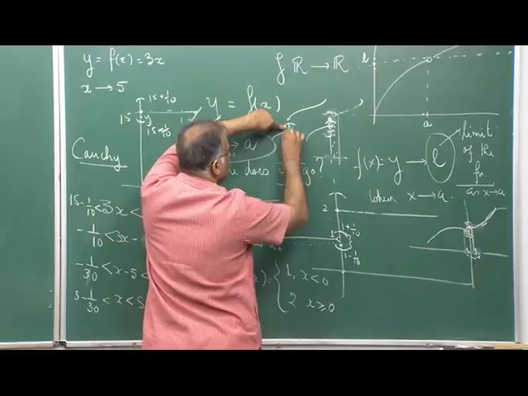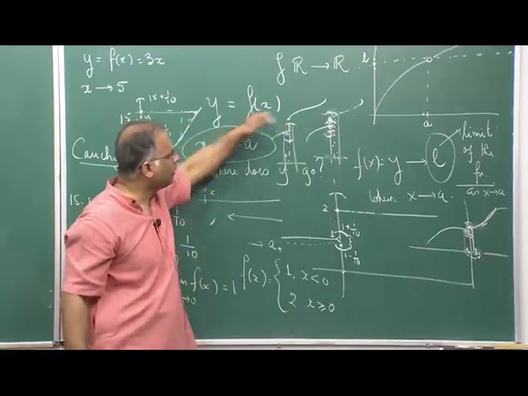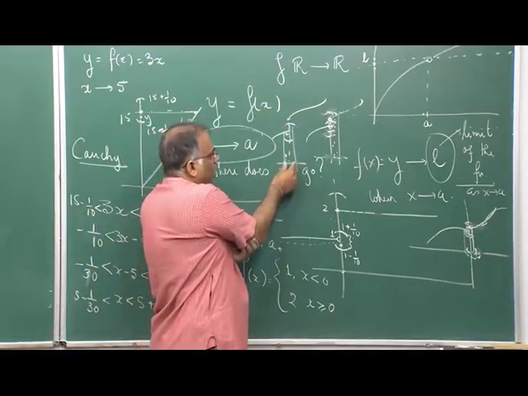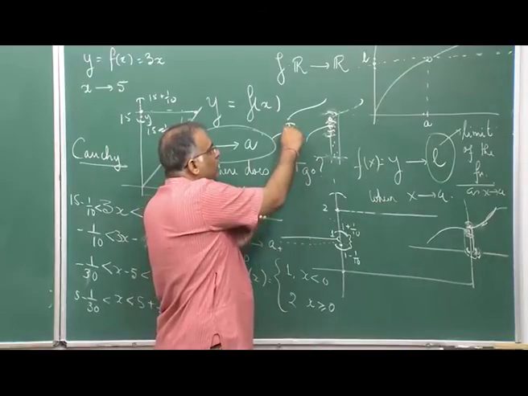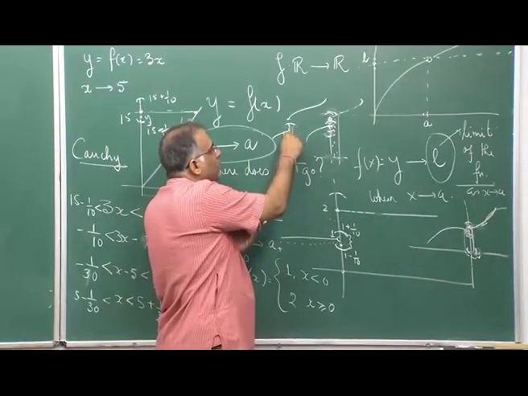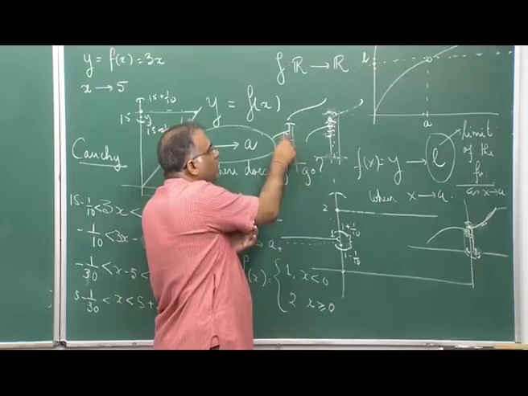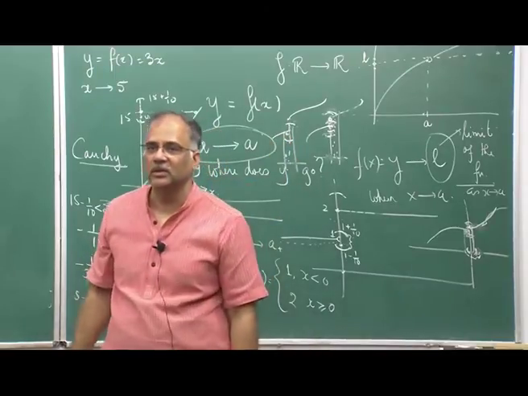These are the functional values. So, what we will say, okay, I have taken such a small neighborhood, so all the functional values are lying within that small neighborhood from here.